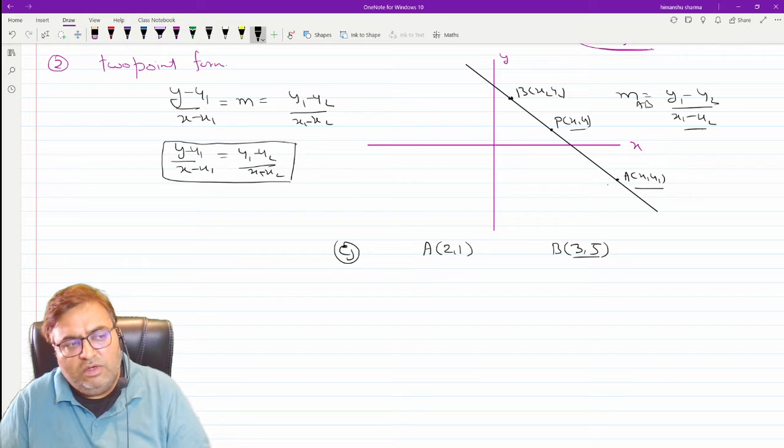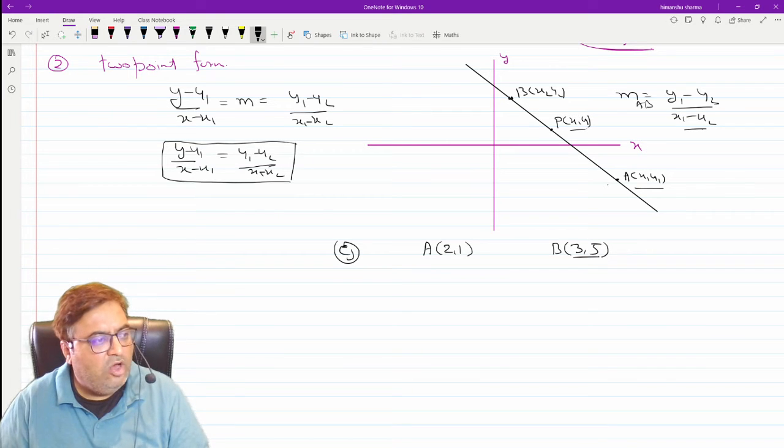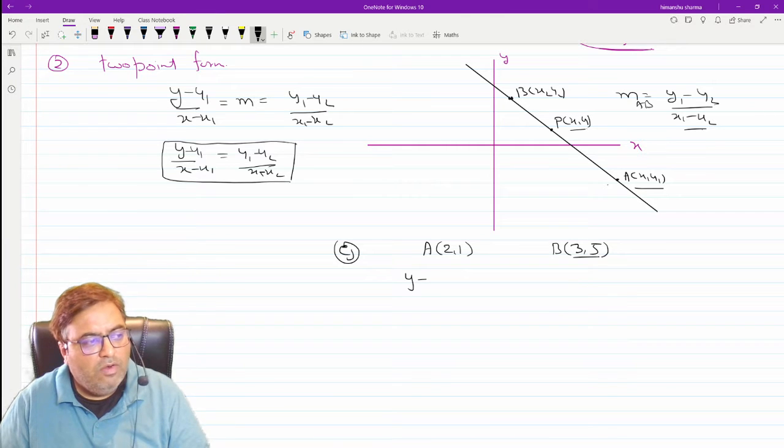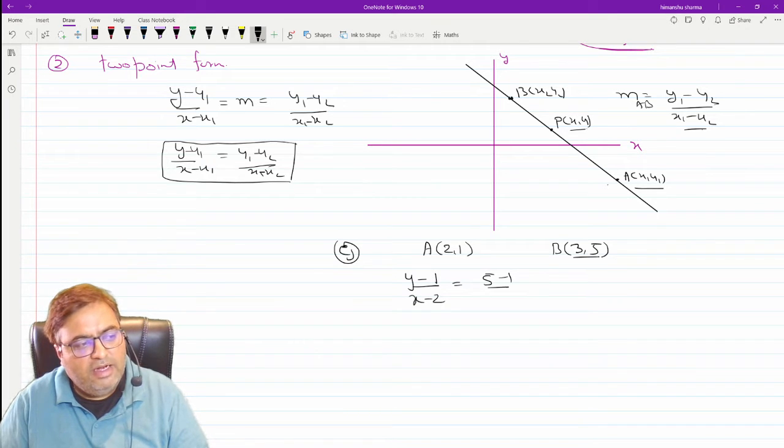So if we want to find the equation of the straight line, how will we find that? Let's take A as x1 y1. So y minus 1 upon x minus 2 will be 5 minus 1 upon 3 minus 2. So that will be equal to 4. So y minus 1 will be equal to 4x minus 8. So the equation will become 4x minus y equals 7.